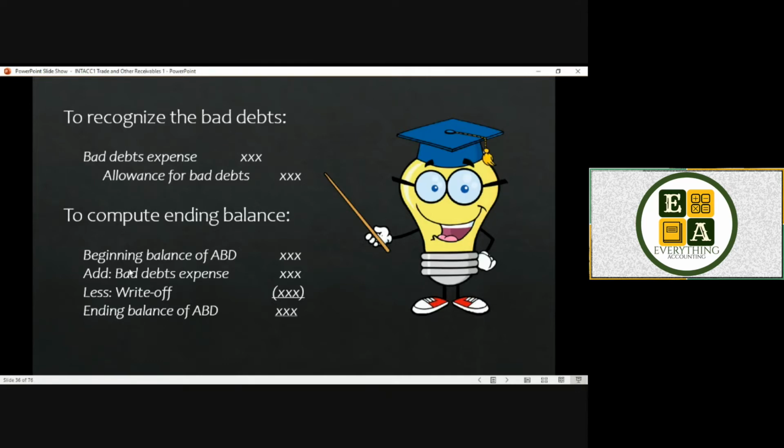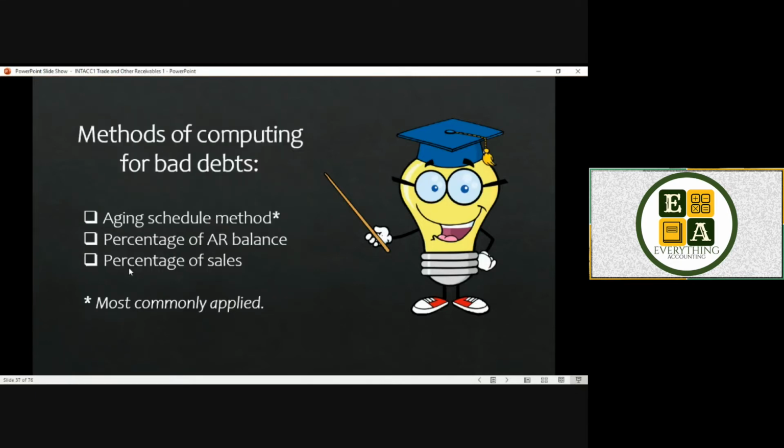Assuming we are using the allowance method, nagbabawas ka ng write-off because yung journal entry natin sa write-off is to debit the allowance for bad debt and credit accounts receivable. Kaya deduction po yung write-off. Then we have the ending balance of allowance for bad debts or doubtful accounts.